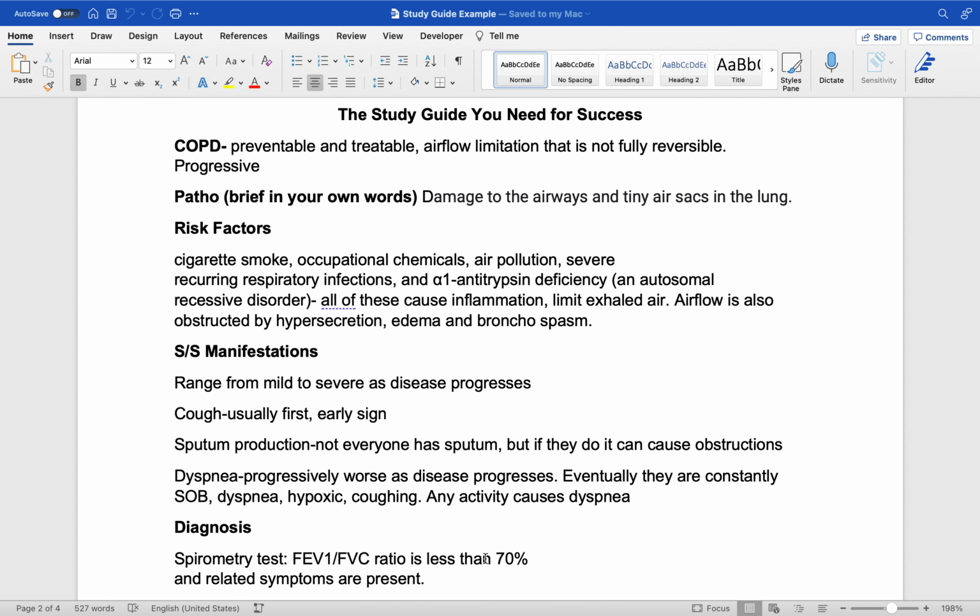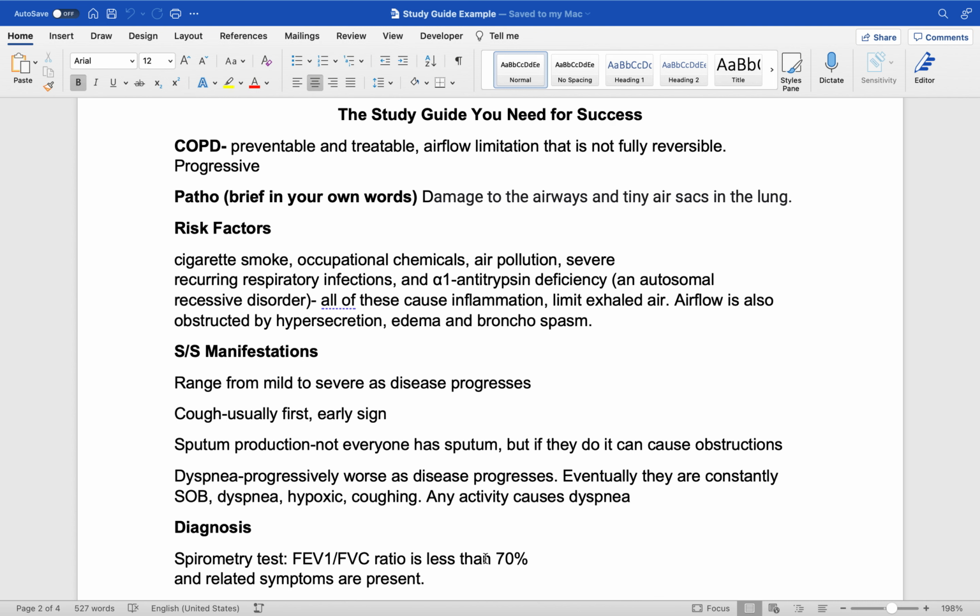Risk factors are a lot of times mostly memorization, but it's important that you add a little more information. For example, you can see that I've added to my study guide that, unless we're talking about genetically linked risk, all of the risk factors cause some type of inflammation in the lung, and it causes the person to have limited ability to exhale air.